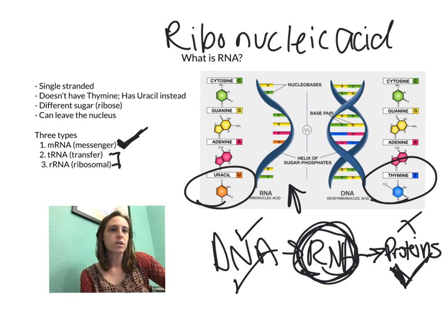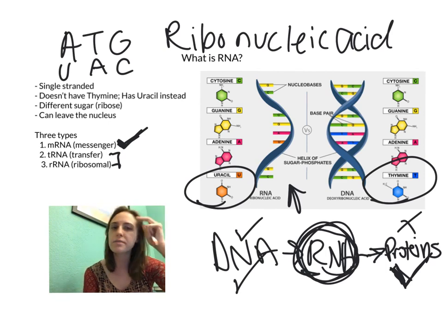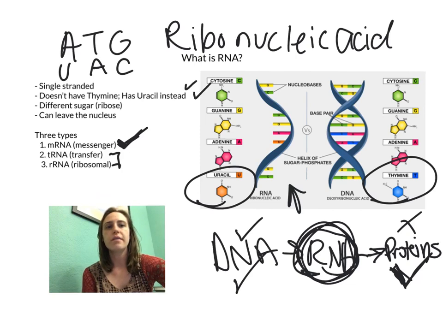That would be a good question, if I were to give you a DNA segment that said ATG. When we're talking about RNA, if you're trying to match it up, you're going to put UAC. Remember, the rules are A and T match up, but because we don't have T available, we're going to put a U there. So we did this one, we did that one.